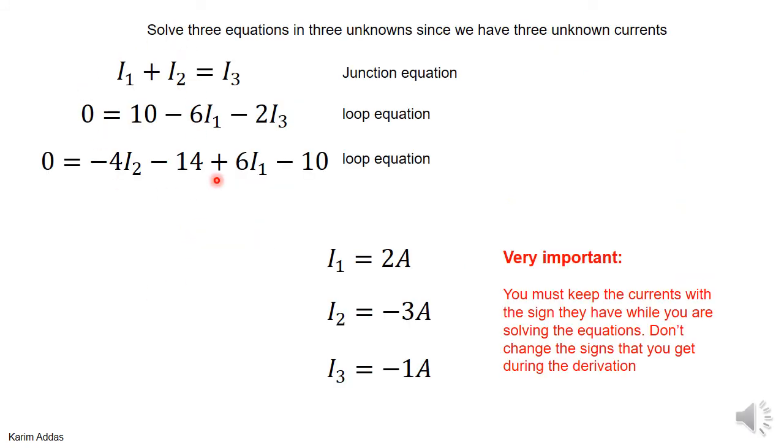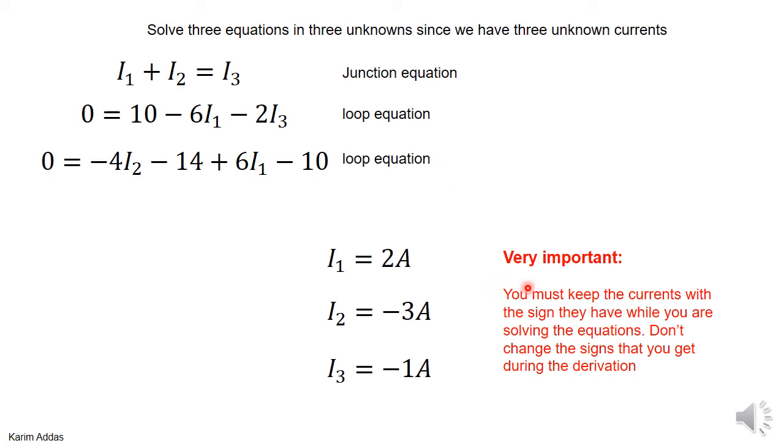So now if you take those three equations, the junction equation and the two loop equations, and you solve them, you will get these results for the currents. I1 is this value, I2 is this value, I3 is this value. Now it's very important, I'm not going to show the steps, you should do the steps on your own to see how it works.